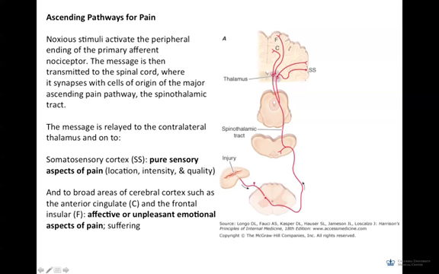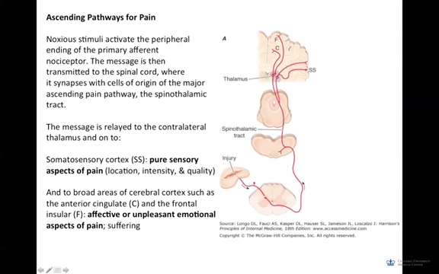Purely sensory. The other projections are to broad areas of mostly frontal cortex, and it includes areas like the anterior cingulate area and the frontal insular area. Now, these areas of the frontal cortex are responsible for the unpleasant emotional aspects of pain.